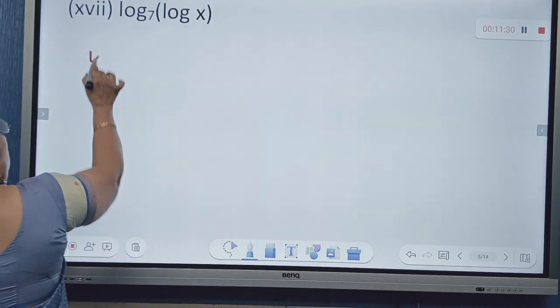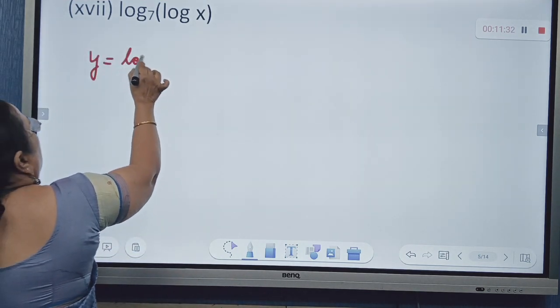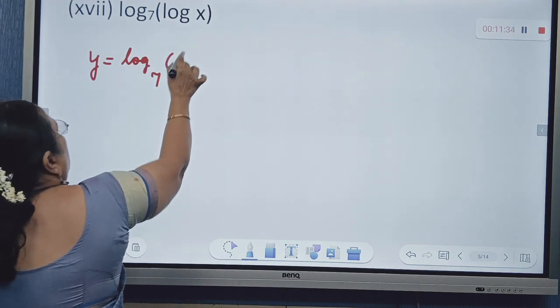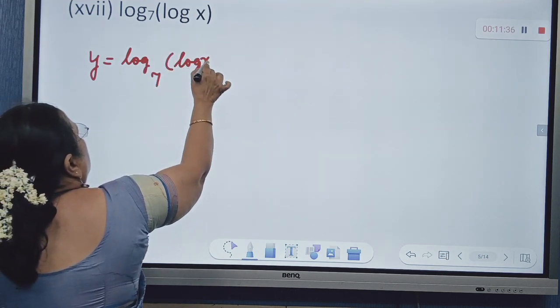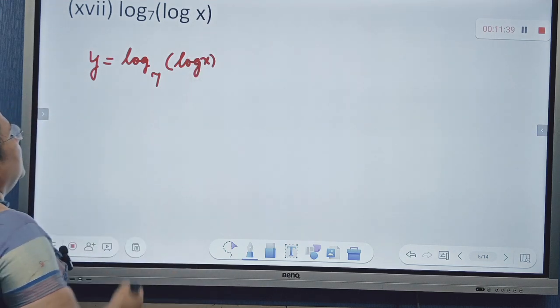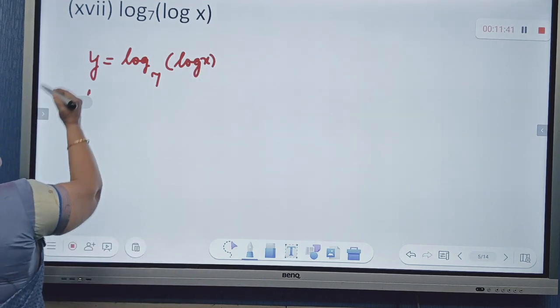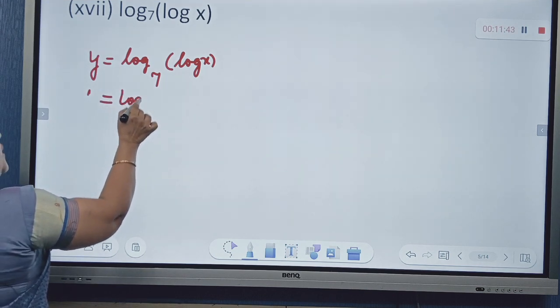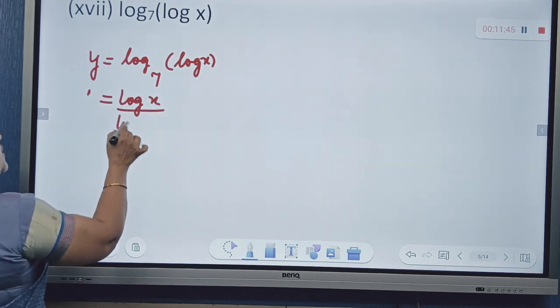So what will be this? This is y equal to log x to the base 7. Okay. Now this you first simplify. This is log x by log 7.